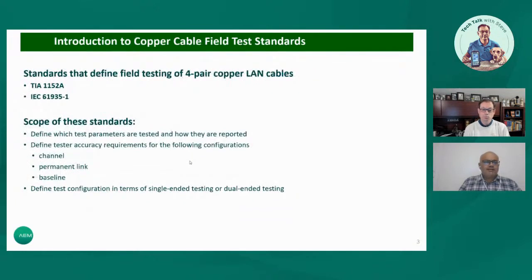Okay. So talking about the standards, there are two standards that govern how the testers are developed and how they should perform the testing. These are TIA 1152A, called the TIA standards, primarily used in North America and many other parts of the world, and IEC 61935-1, primarily used in Europe and also many other parts of the world. These standards are very similar actually, and they define which test parameters are tested.